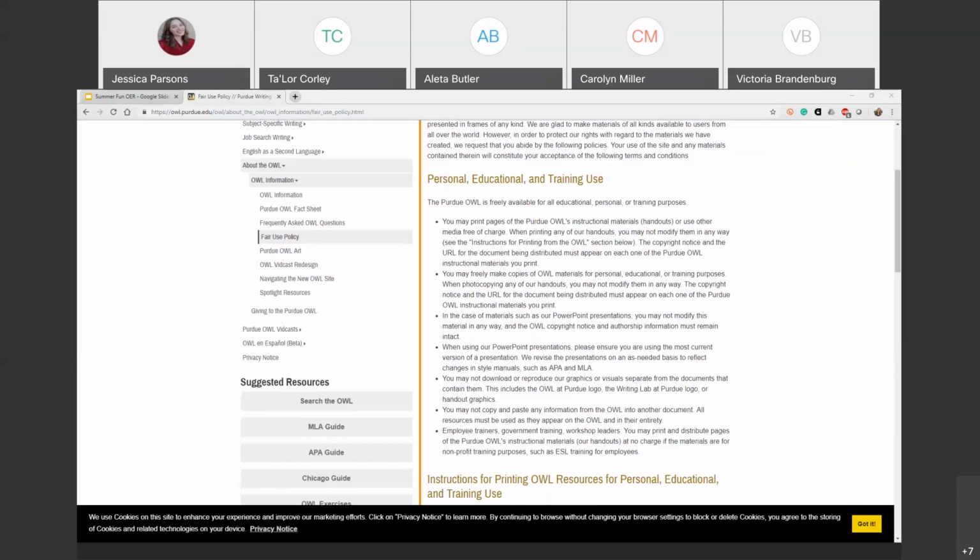And as Alita said, creativecommons.org is a fantastic way to look for resources. In fact, let me take you there.